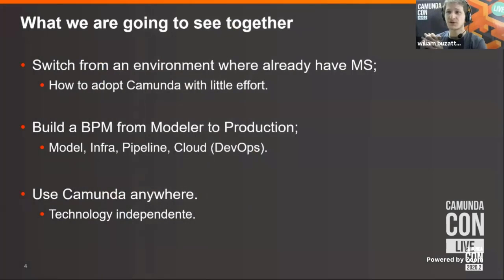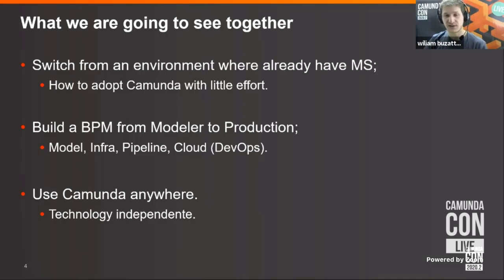So what are we going to see here together? We are going to see some nice stuff. For example, we can switch from an environment where I already have microservices up and running. You are going to see how you can adopt Camunda with little to no effort. And also, we are going to see how to build a BPMN model in Camunda Modeler and go directly to production, up and running.